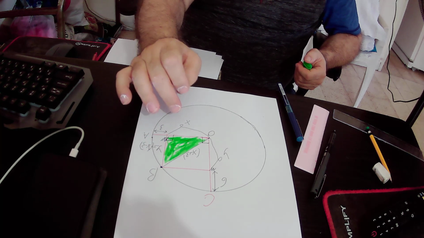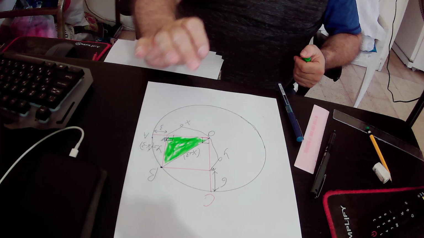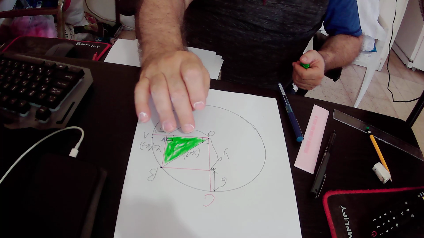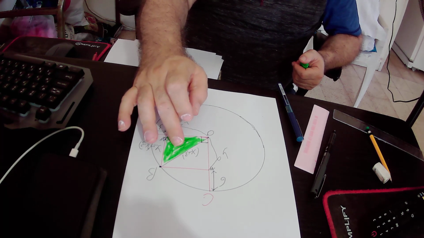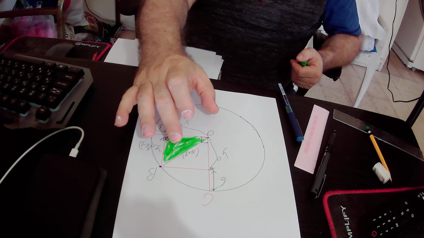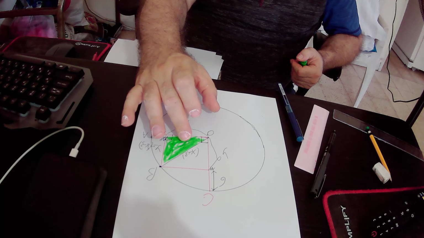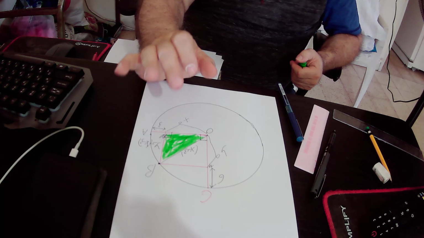And you should remember that the radius of this circle equals x plus 3. So after we find the value of x, we will add 3 to it, and we will get the radius of this circle.